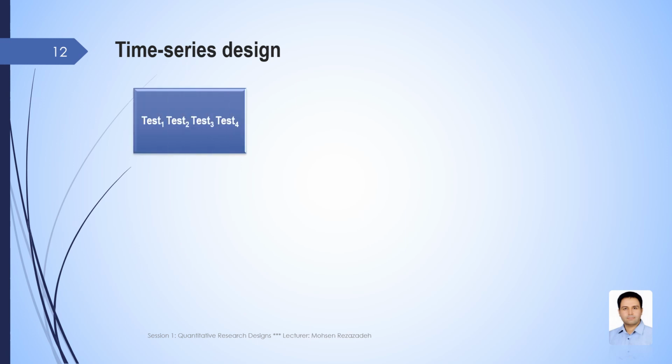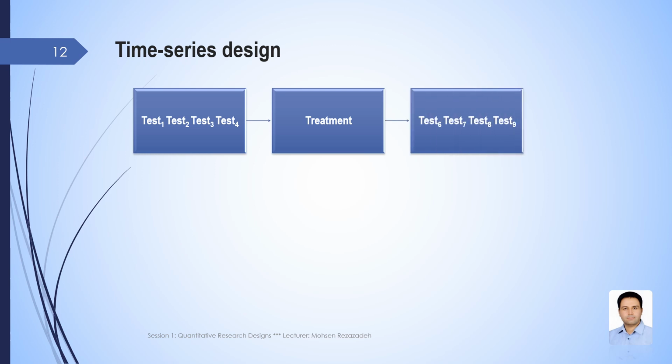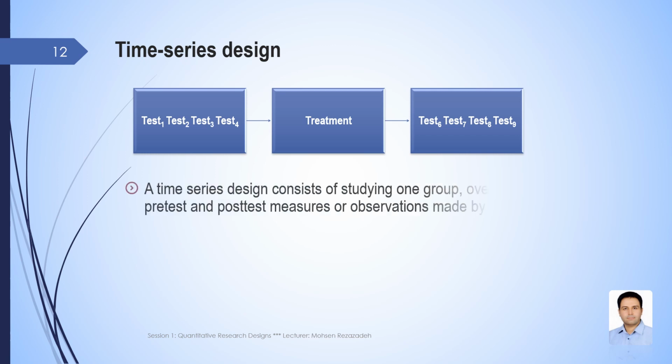In fact, in time series design, we have several pretests and then the treatment, and afterwards again we have several post-tests. In a time series design, in order to compensate for the lack of the control group, the researcher has to have several pre-tests and several post-tests.